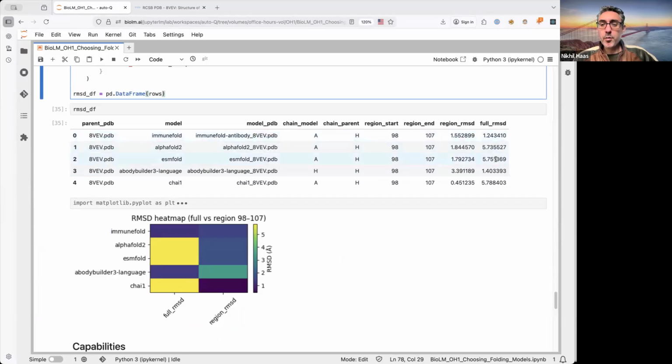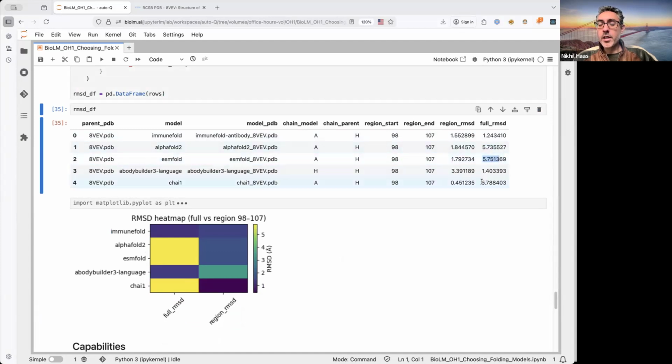You can see that compared to AlphaFold and ESMFold, the RMSD across the molecule is pretty high, and it is as well with Chai. But the RMSD across the full molecule is much better for ImmuneFold and AbBuilder3 language.